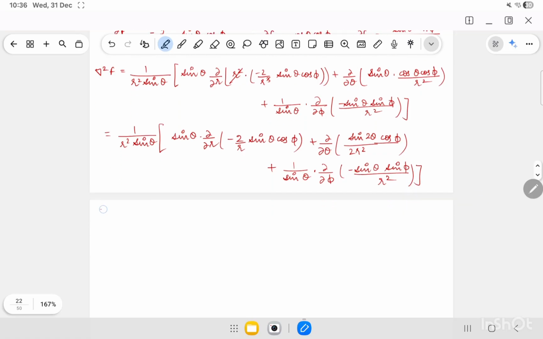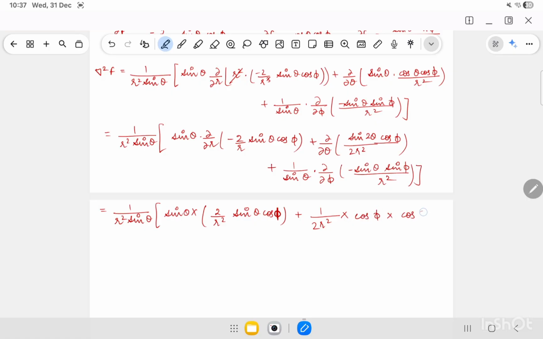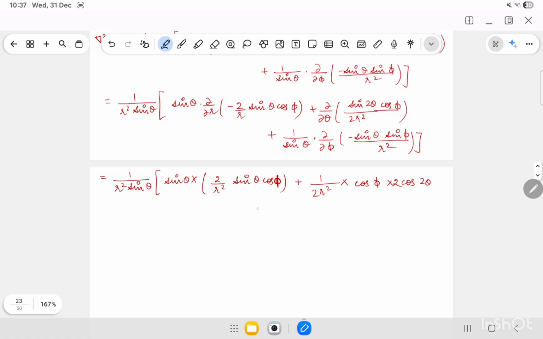which can be further simplified as 1 by r square sine theta times sine theta into, this can be evaluated as 2 by r square sine theta cos phi plus 1 by 2 r square times cos phi into 2 cos 2 theta plus 1 by sine theta into minus sine theta by r square times cos phi.